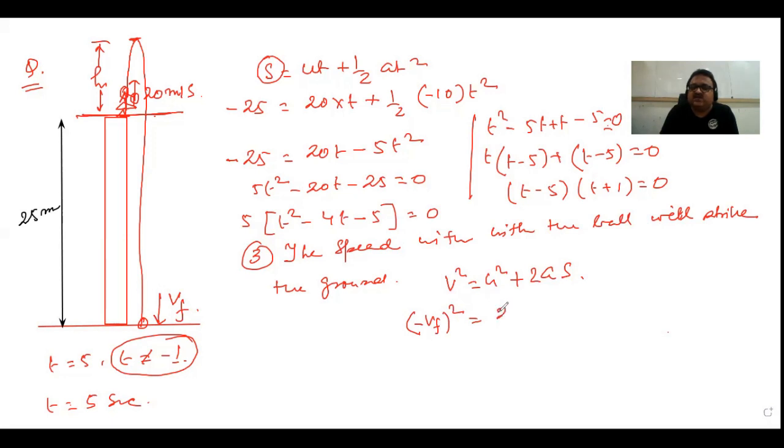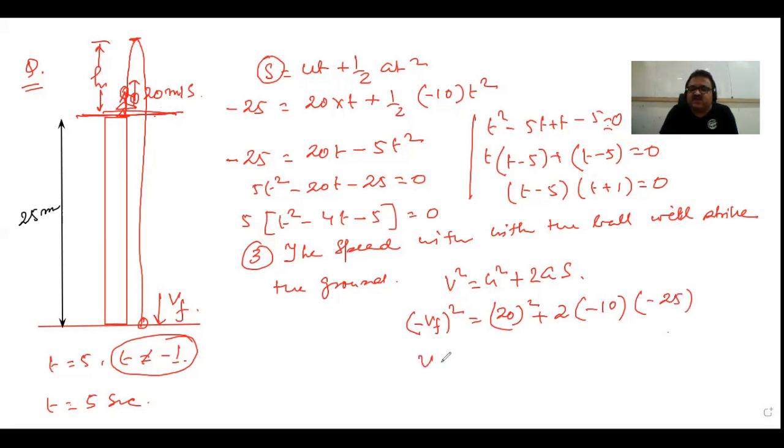What is that? 20 square plus 2, what is a? Minus 10. And what is s? Be careful. It is below the level of throw, so it is minus 25.